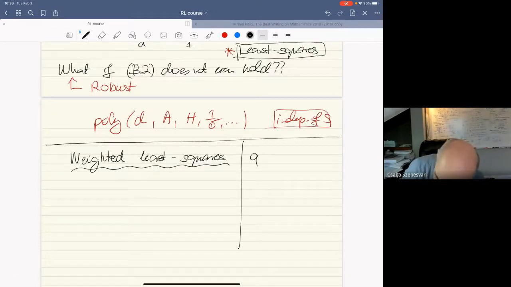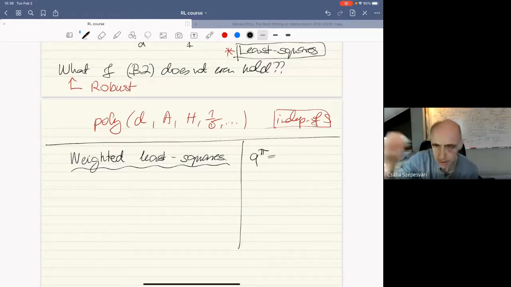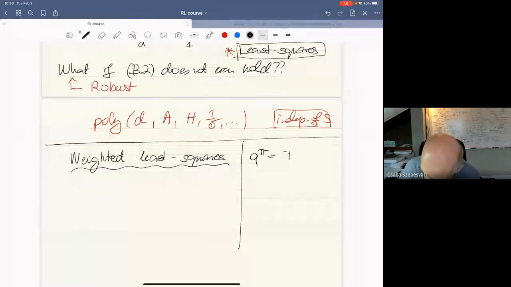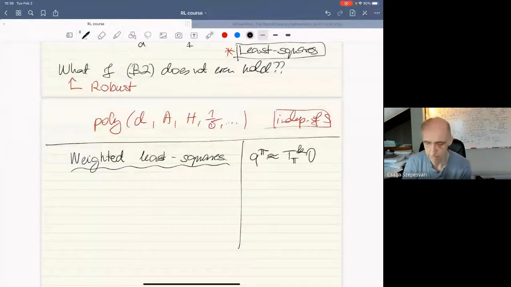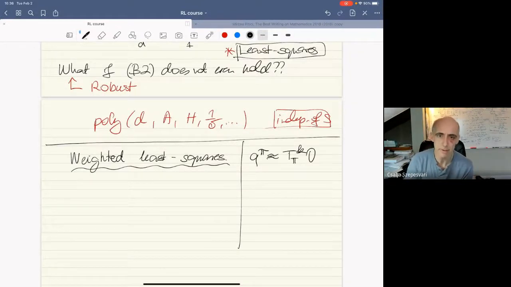That's because Q of pi, it's true, is the fixed point of this operator T of pi. But if you iterate this operator k times by applying it to 0, then you get something very close to Q of pi. We know that, right? There is a geometric rate of convergence. All these operators are contractions with a contraction factor of gamma.